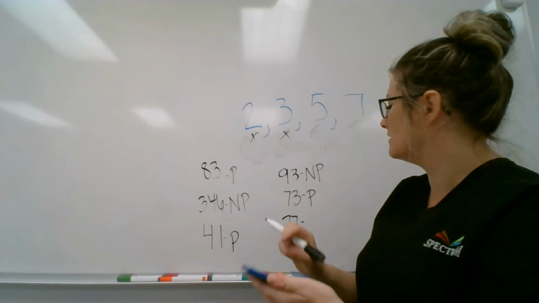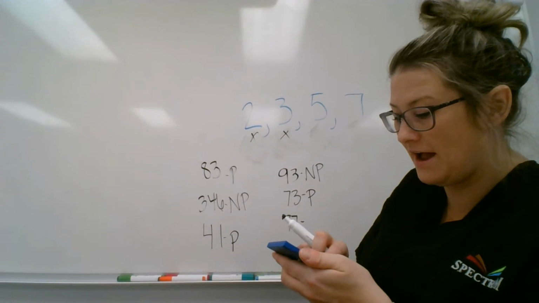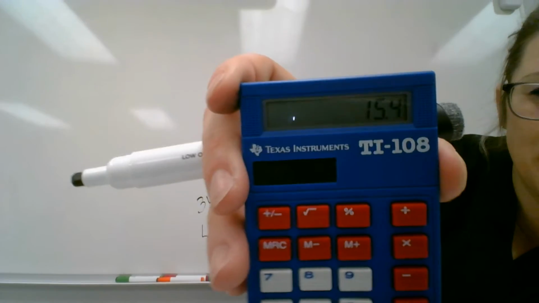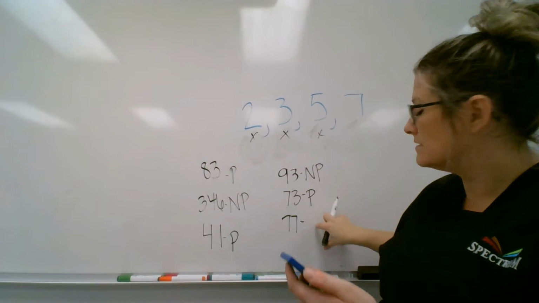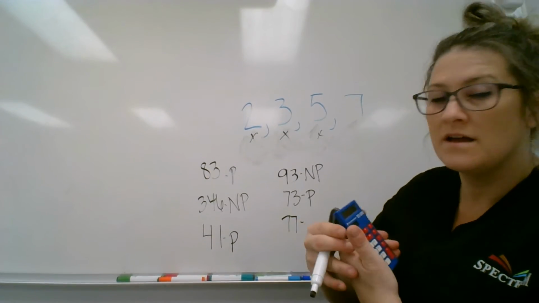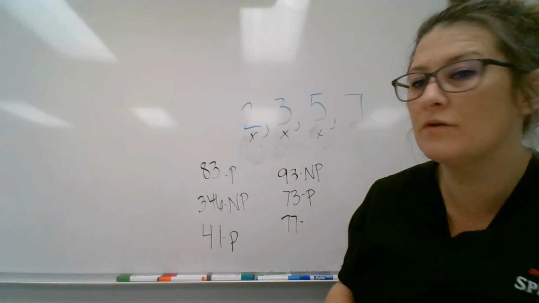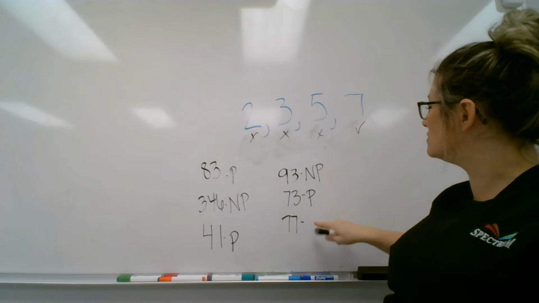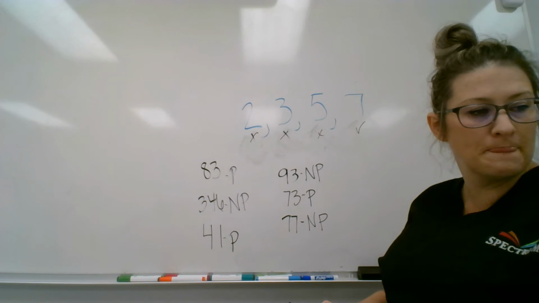X. 77 divided by 5 equals 15.4. X. 77 divided by 7 is 11. Okay, so that time I had to go all the way through, but I found a number that does go into 77, so I know that 77 is not prime.